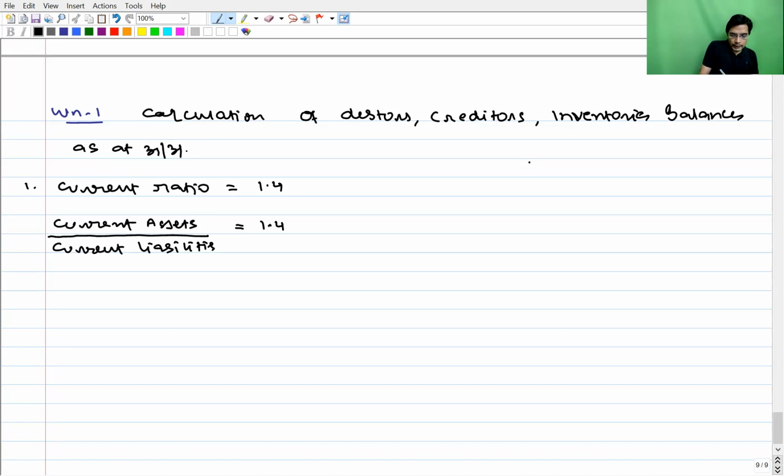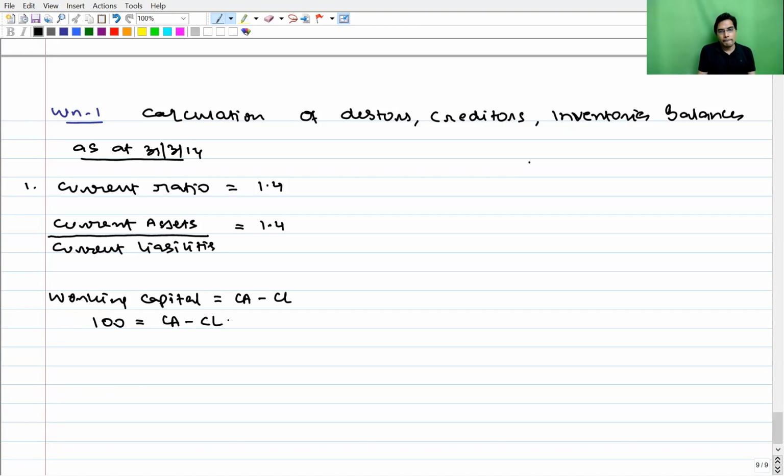So if working capital is 100, we all know working capital is the difference between current assets and current liability. So 100 is equal to current assets minus current liability.